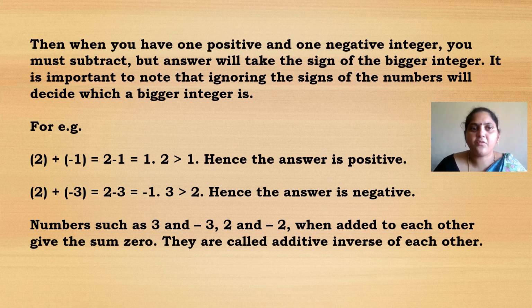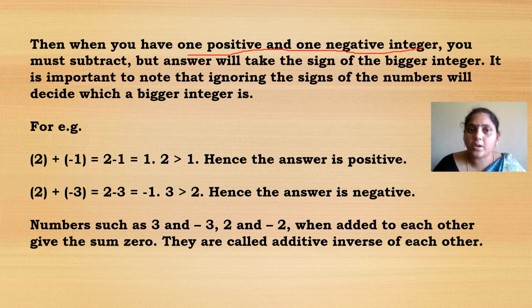Now children, if we have one positive and one negative integer, you must subtract, but the answer will take the sign of the bigger number. So when you have one positive and one negative integer, you have to subtract both. But how will you give the sign? You give the sign of the bigger number.